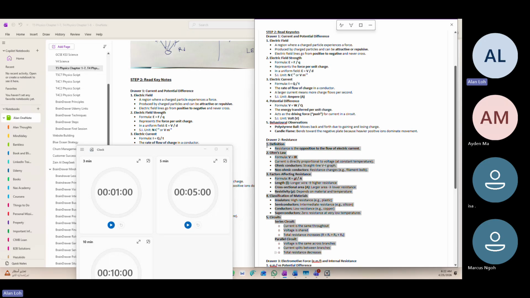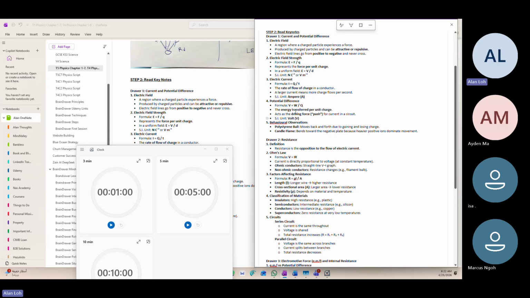The definition of resistance, what is Ohm's law, what are the factors, the classification of materials, and there are two types of circuits, series and parallel. And you know that there are quite a few formulas inside each of them. And you have units, and you have some definitions. So formula, definition, unit.